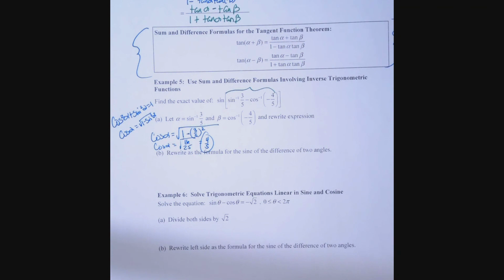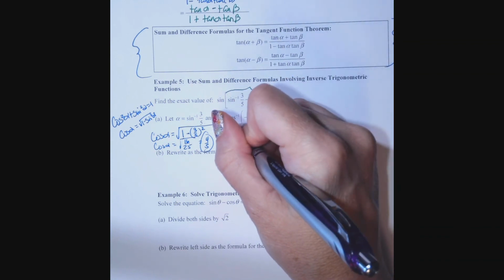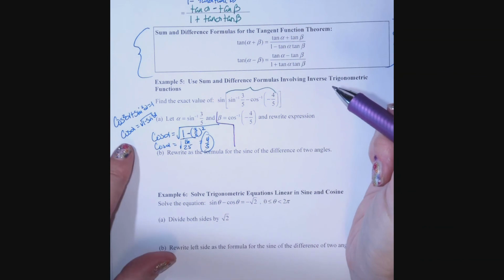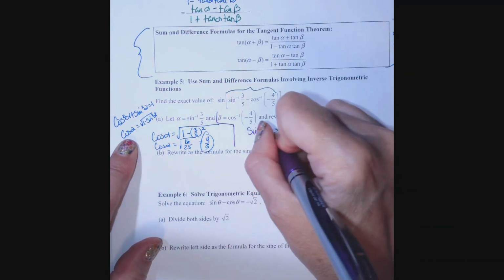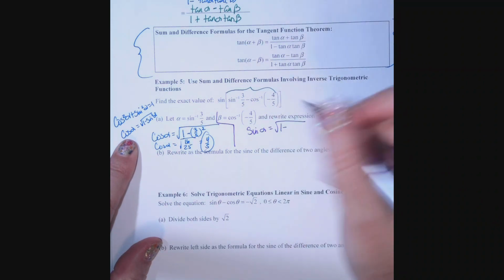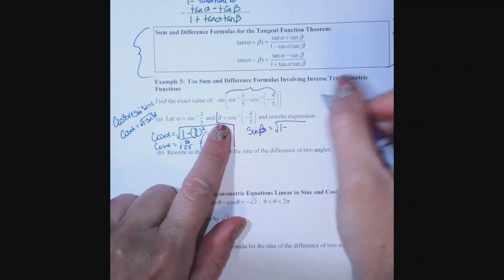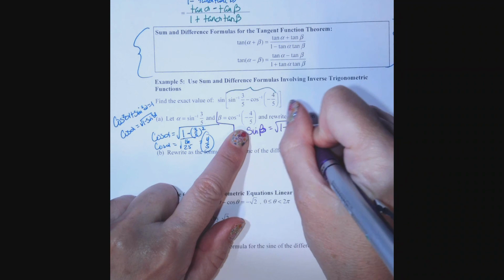Now we know for beta, we have information about cosine instead of sine. So we're going to need to solve for sine. So sine beta is going to be equal to the square root of 1 minus cosine beta squared.